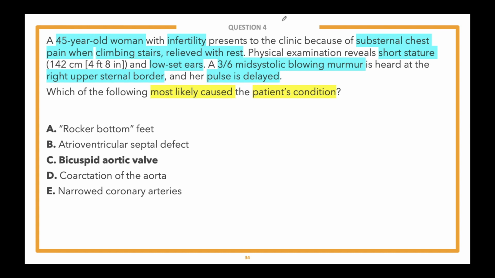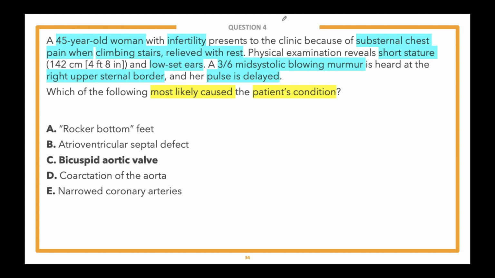Now, in patients with Turner syndrome, cardiac abnormalities are common, including bicuspid valve and even aortic coarctation. Bicuspid valve is the second most common cause of aortic stenosis. The number one cause of aortic stenosis is calcification in the elderly.